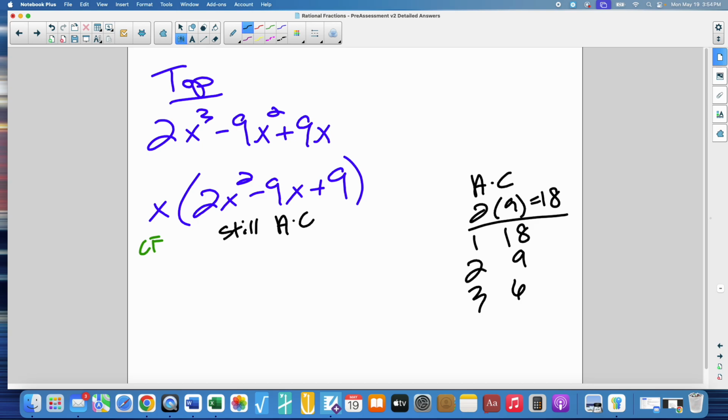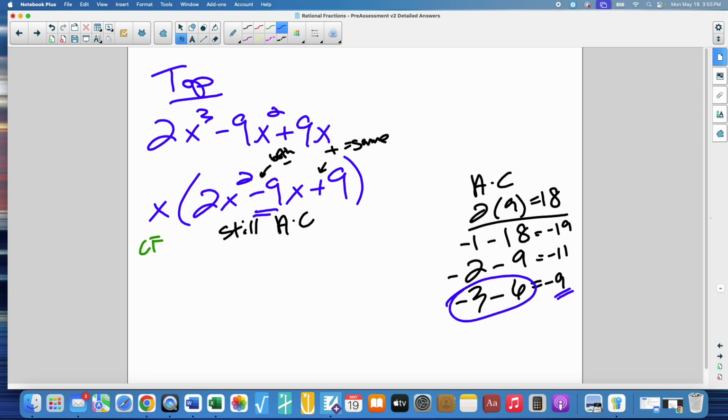My signs, I look here, positive means they're the same. And then I go here and they're both negative. So negative, negative, I make my factor pairs both negative. This gives me negative 9, this gives me negative 11, this gives me negative 19. Which one of these 3 are equal to my middle term, negative 9? Here's my middle term, and I take these 2 values.